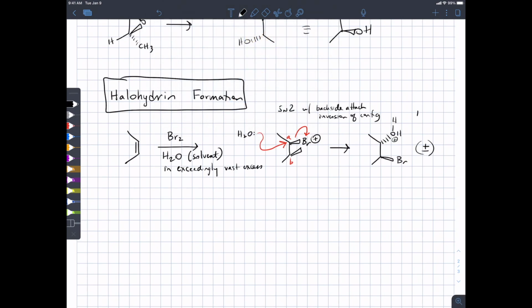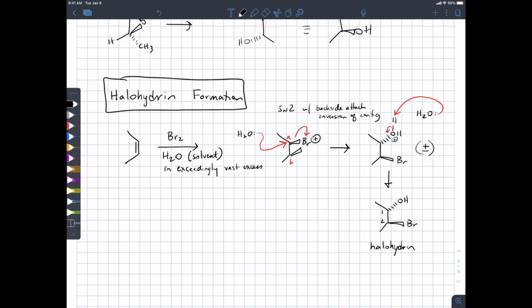And then in a final step, an additional water molecule from the solvent removes a proton from the protonated oxonium ion to give you your final halohydrin product. That's the name for a product where OH is on one carbon and Br is on an adjacent carbon.